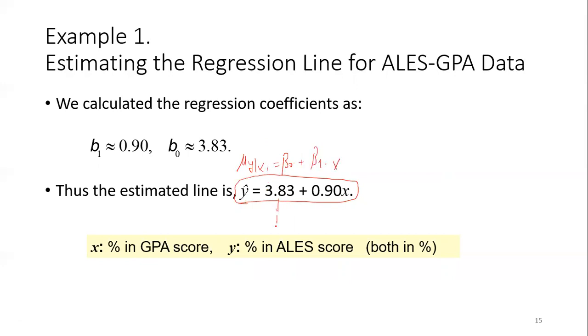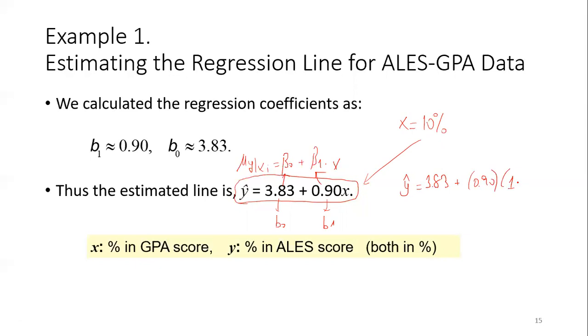So this is my b0, an estimate for beta 0, and this is my b1, which is the estimate for beta 1. So for example, if you are in 10% in your GPA, then just put this into this formula. Then the estimate that you will find is y hat equal to 2.83 plus 0.90, right?